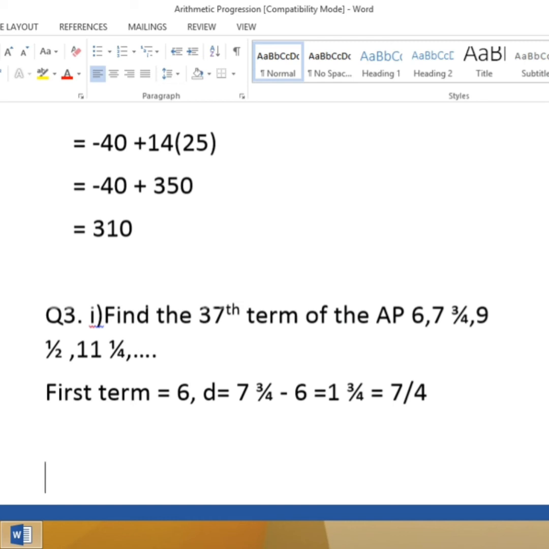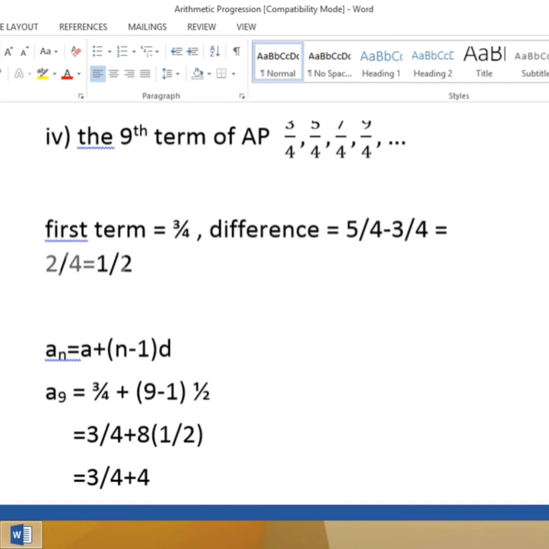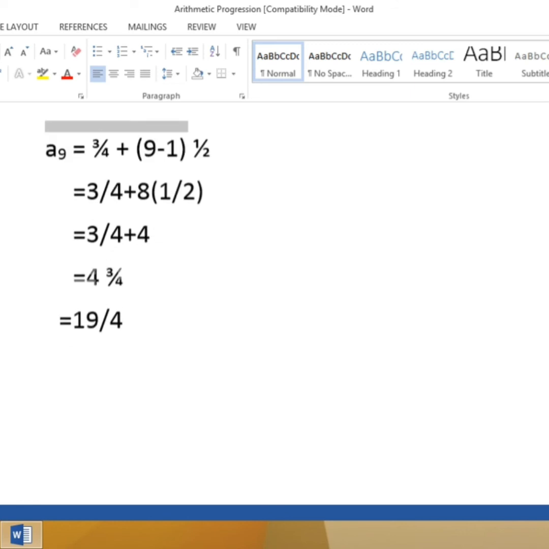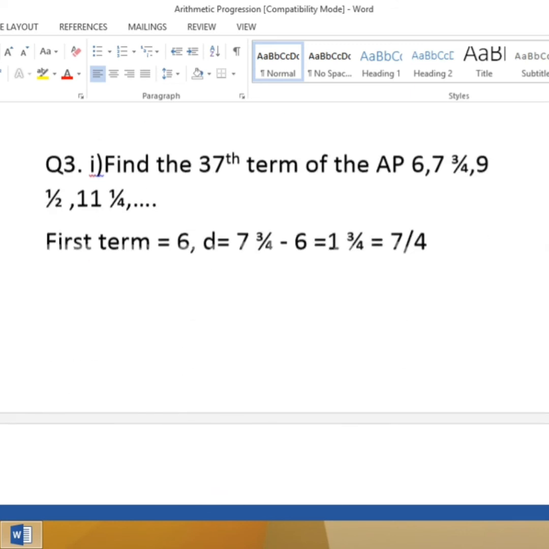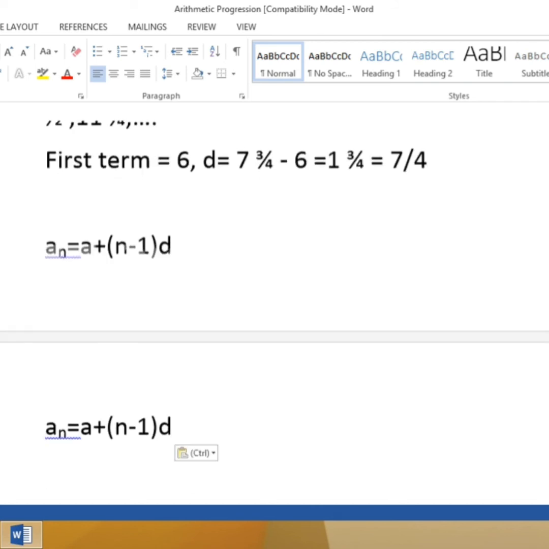And the formula for the arithmetic progression, an equal to a plus n minus 1 into d. So this needs to be written in each of the questions. And we are going to find the 37th term. That's going to be 6 plus 37 minus 1 into the difference, which is 7 by 4.